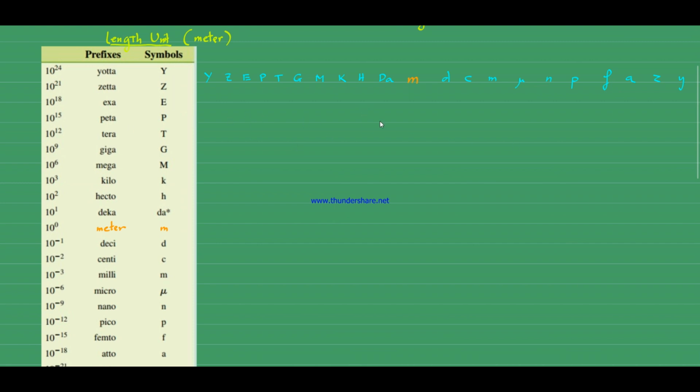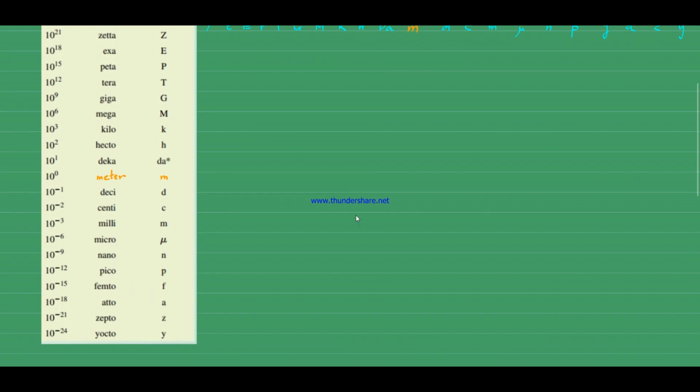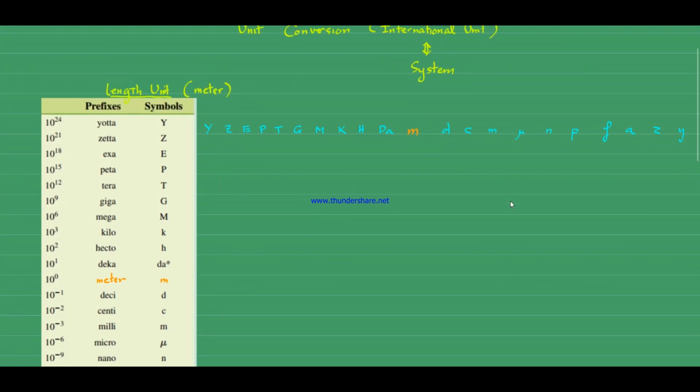I'm going to tell you the relation between meter and the units down here. Let's put 1 for meter.